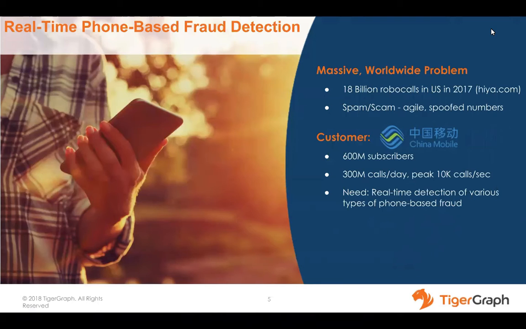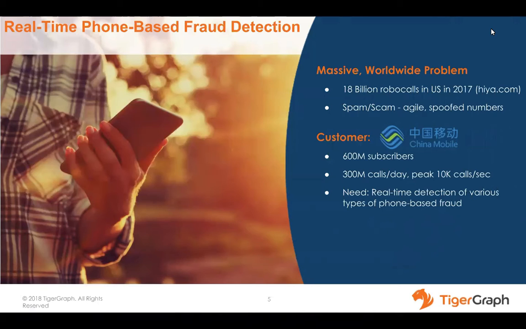So we're talking about spam, we're talking about scams. The people doing this are very agile. They can spoof phone numbers so they look like local numbers. They move quickly from one number to another, so it's hard to track them down. That's why you have to apply the best technology to try to capture this.